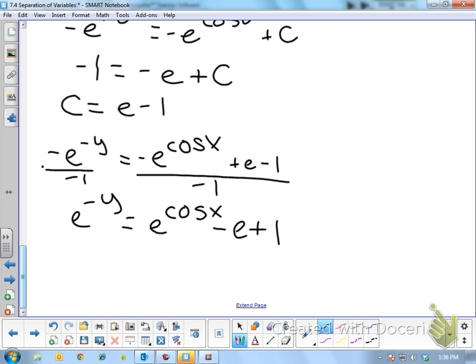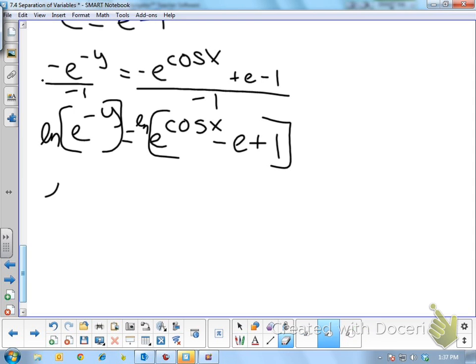How do we get rid of e when we're working with equations? Natural log. We always do opposite operations. When we're working with equations, opposite of e is ln. So we ln both sides.